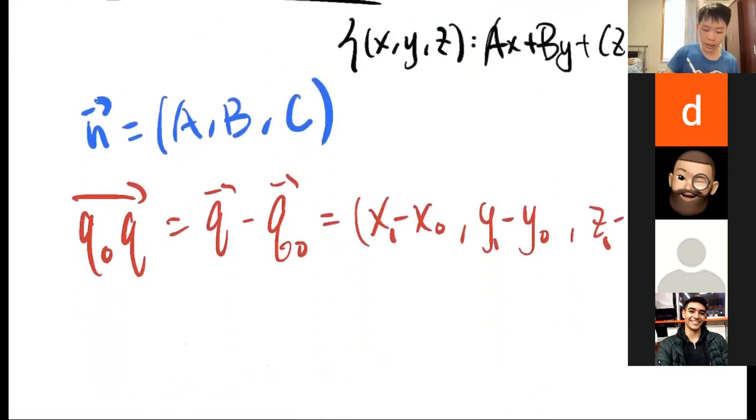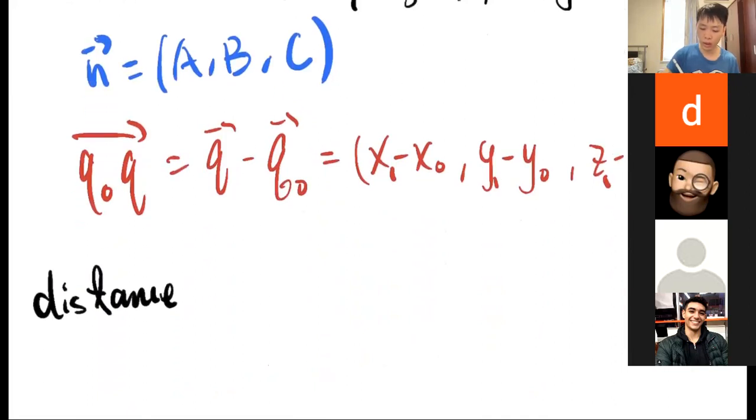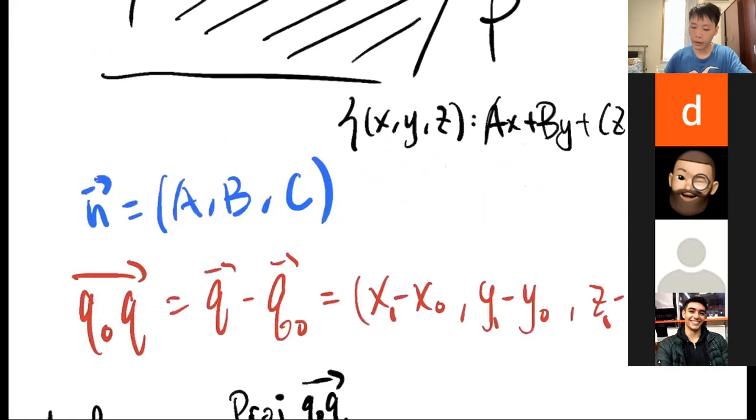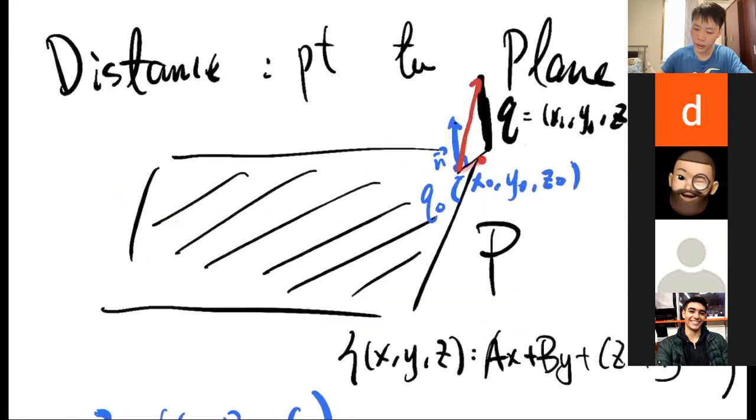And the distance is precisely the orthogonal projection of your vector Q0Q onto the normal vector. The picture is like this.